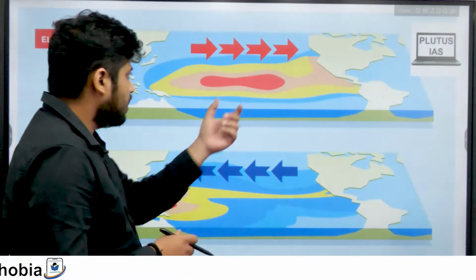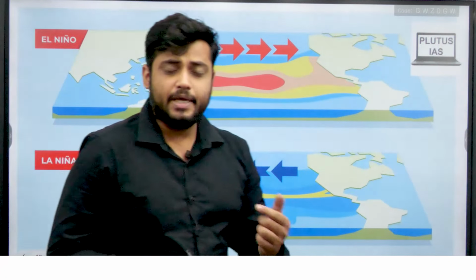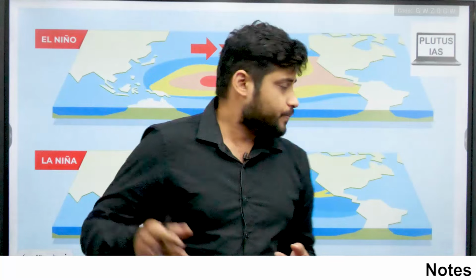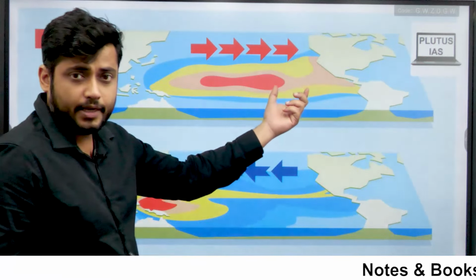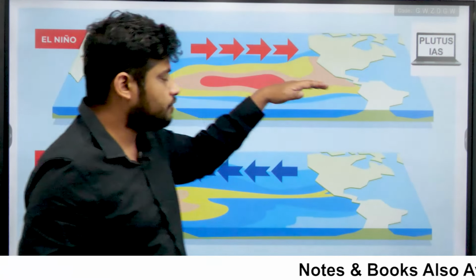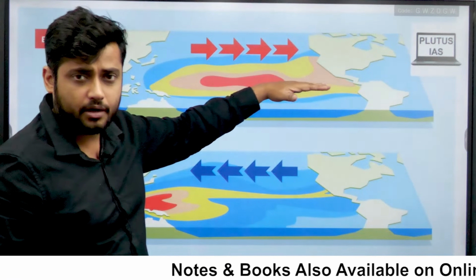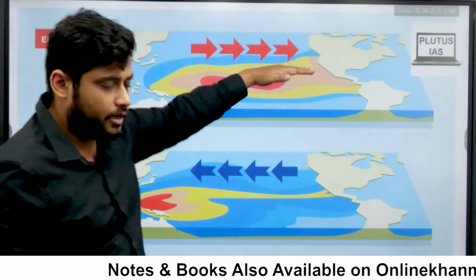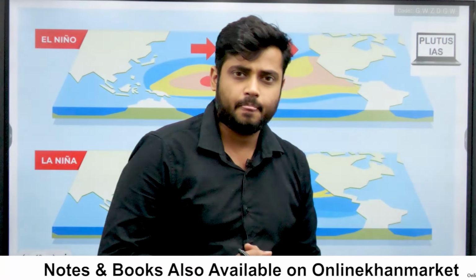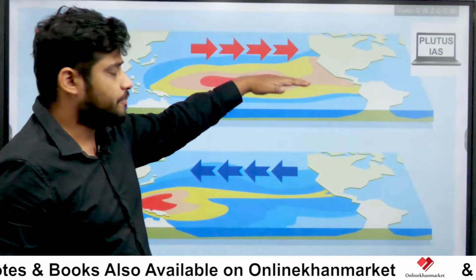One of the factors in rising sea level is the rising temperature, and temperature is a major factor as compared to the melting of ice. So the expansion of water is a major reason for the rising of the sea level. So if the temperature rises in the central and eastern part, the sea level in this portion also rises appreciably.